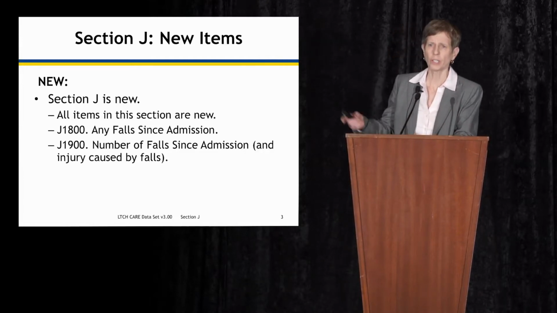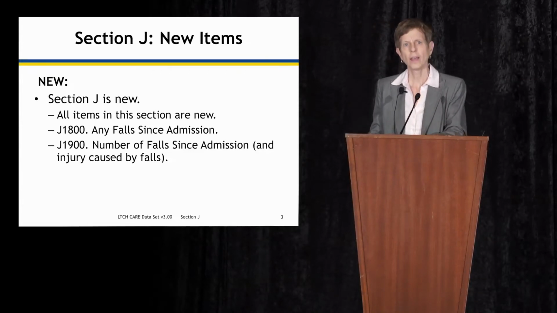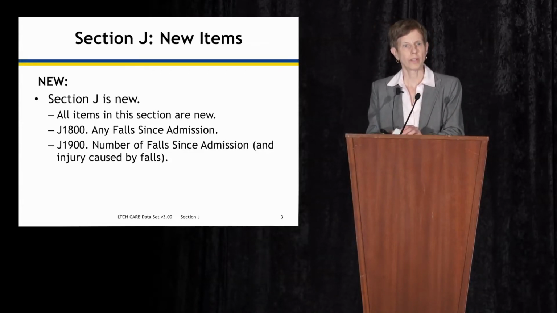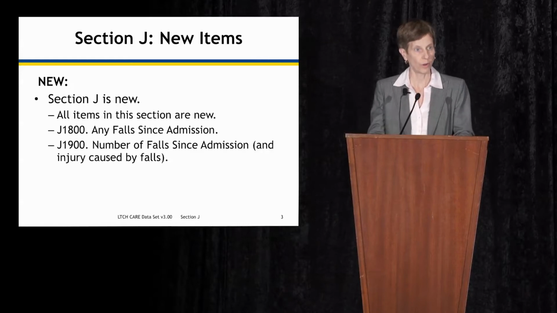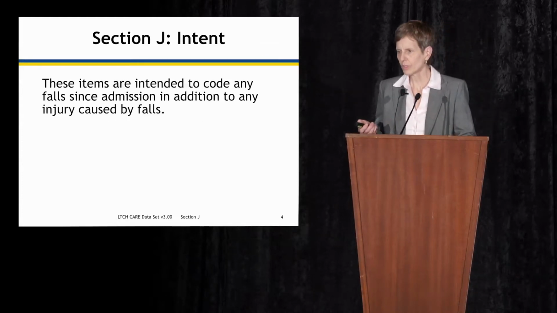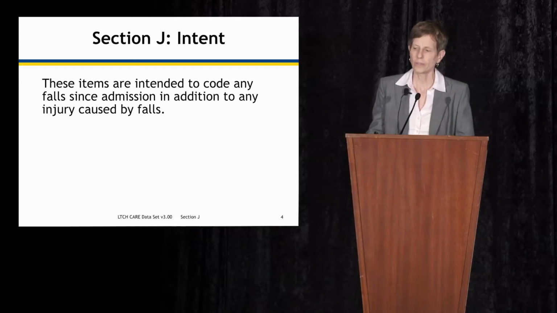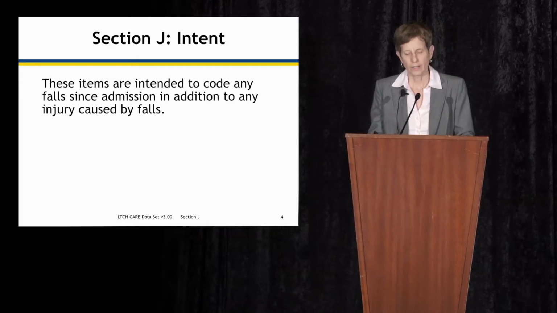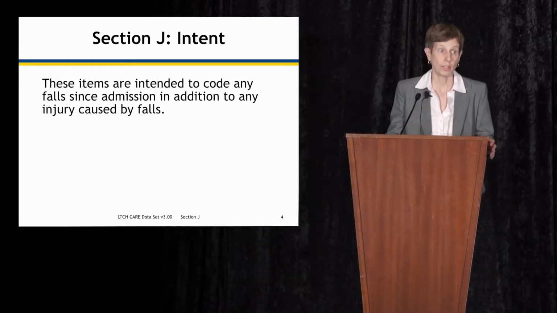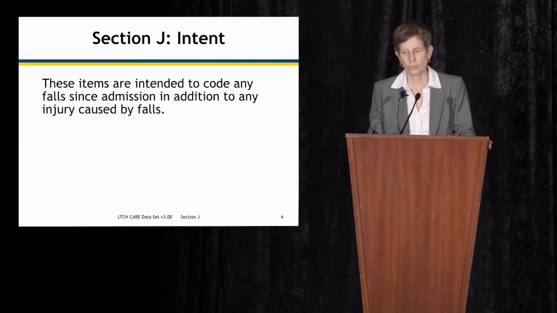So you should feel pretty good at the end of these practice scenarios because I think you're going to get them right after we review the definition of what constitutes a fall and then what constitutes an injury as it relates to a fall. So the intent of this section is rather obvious. These items are intended to code any fall since admission in addition to any injury caused by the fall.